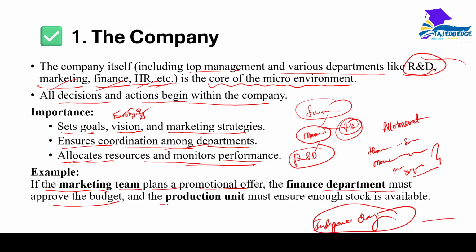Next, the production unit must ensure enough stock is available. If people start buying, you should have sufficient stock. That is how it works. So this is how all the departments work together. They are interconnected. They ensure coordination. They have a vision. They use long-term marketing strategies. They allocate the resources properly and monitor the performance.